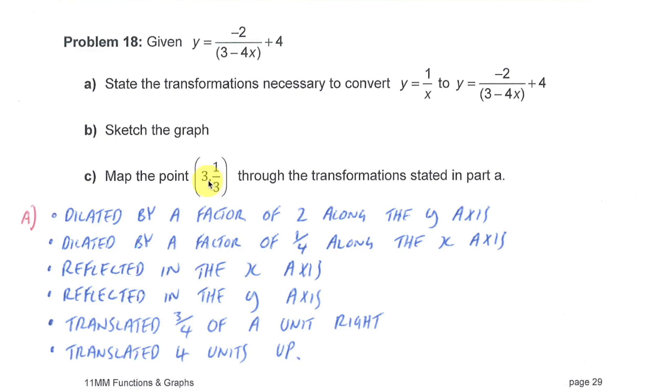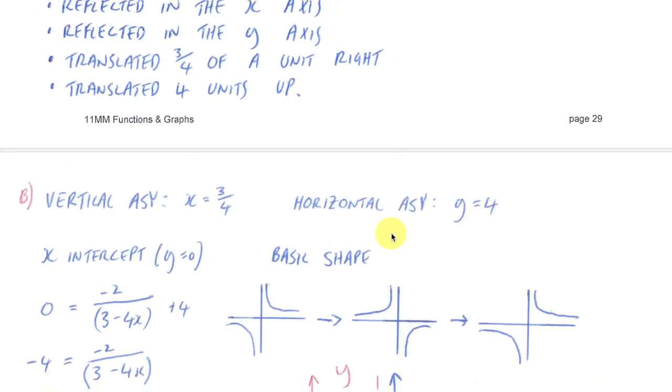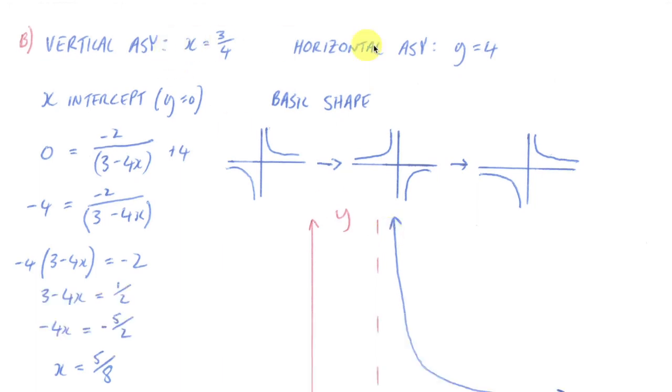We need to sketch this graph, and then we're going to map the point 3, 1/3, because that is a point that is on this equation. We're going to map that through this set of transformations and see what it ends up becoming. So firstly, just sketching it. Vertical asymptote, horizontal asymptote, basic shape after those two transformations ends up being, so it's a standard hyperbola.